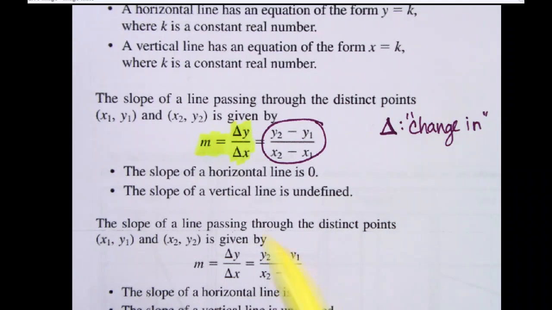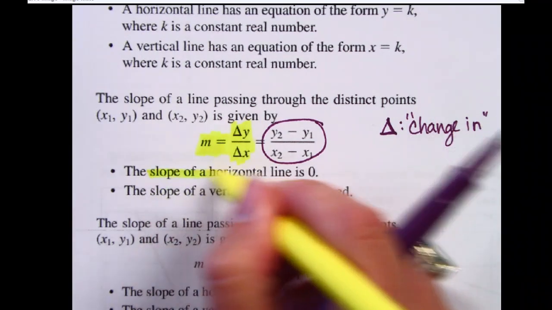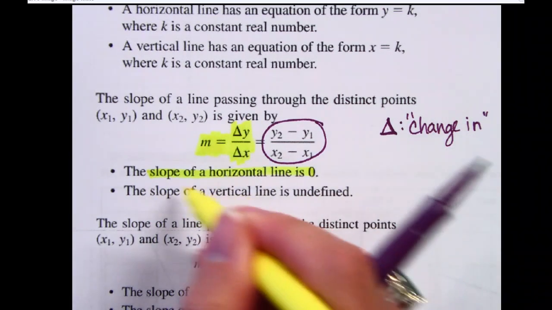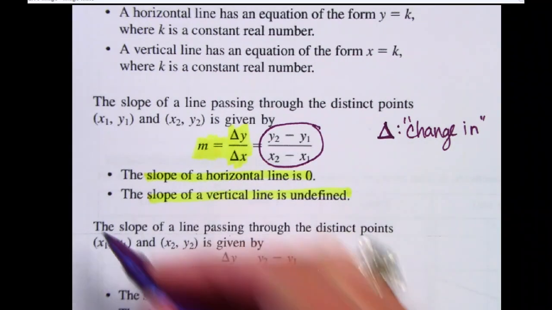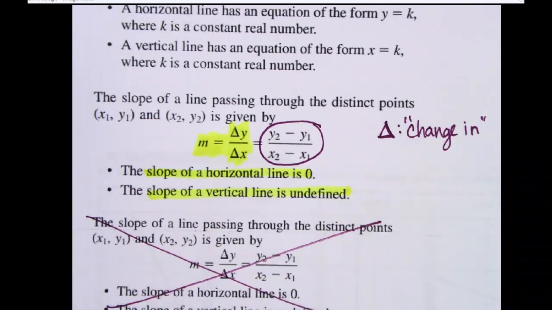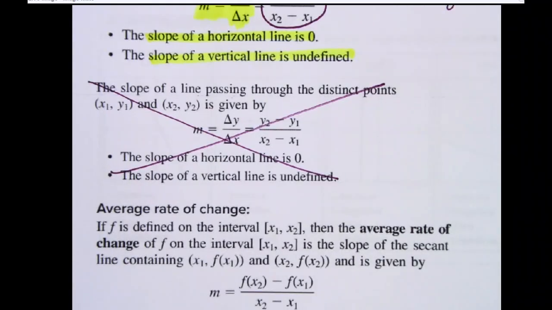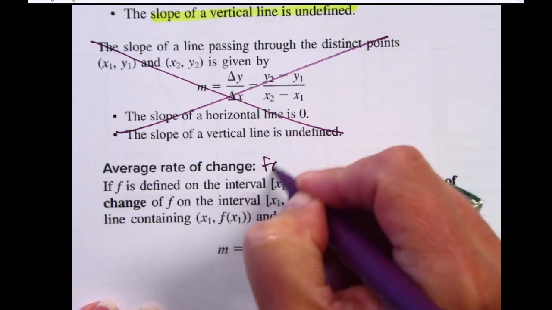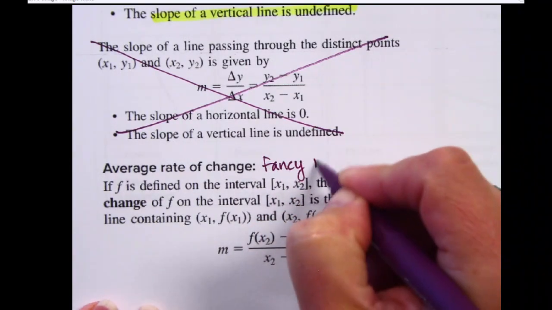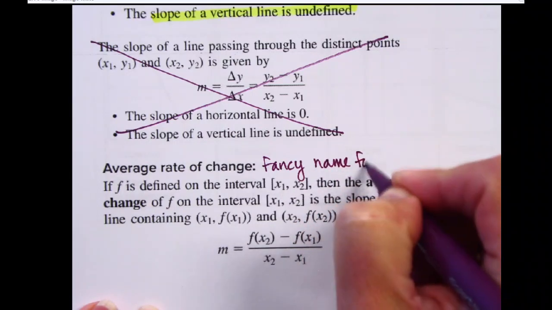Here's some stuff to remember. The slope of a horizontal line is 0. The slope of a vertical line is undefined. I don't know why that's all in there twice, but it is. Average rate of change is a fancy name for slope.